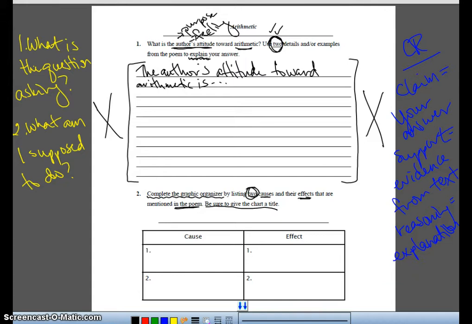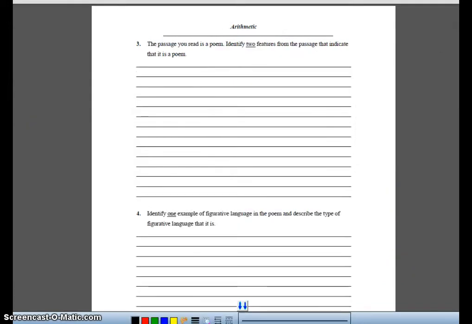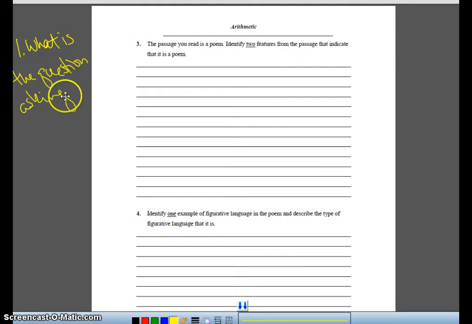Okay, so we're going to go ahead and move on to question number 3. Again, just as a reminder, our first thing that we're going to do is we're going to focus on what is the question asking. And the second thing we need to figure out is what am I supposed to do?